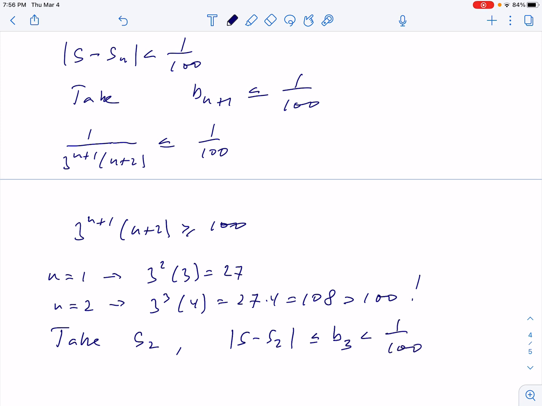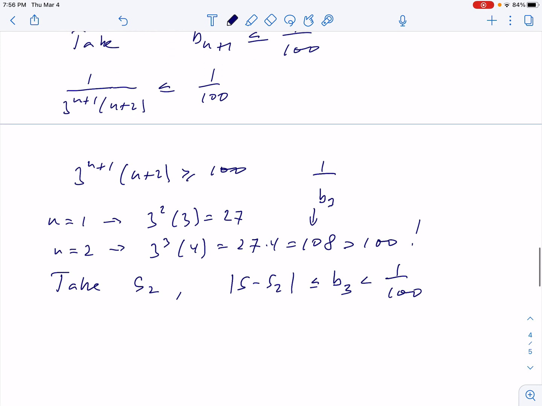We just compute what b sub 3 is. Actually 1 over b sub 3 is 108, so b sub 3 itself will be less than 1 over 100. And let's see what S2 is.